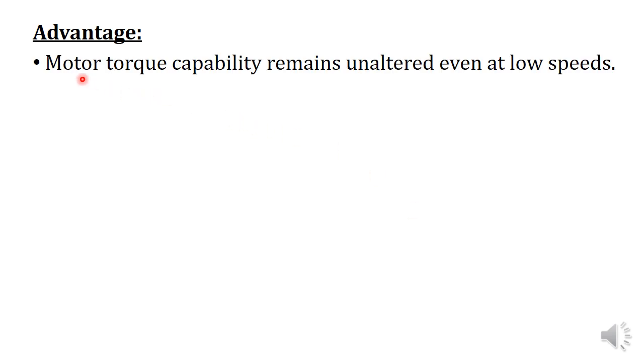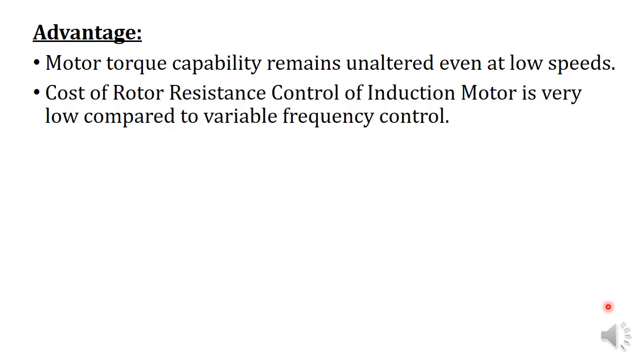Let's discuss the advantages of rotor resistance control. The main advantage is that the motor torque capability remains unaltered even at low speeds. Even at very low speeds, we can see in the torque speed characteristics that the maximum torque capability remains the same at any value of speed.